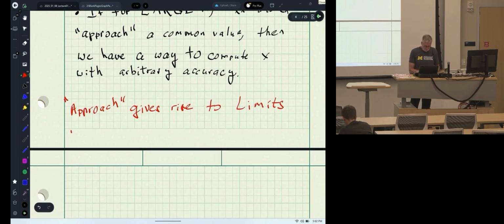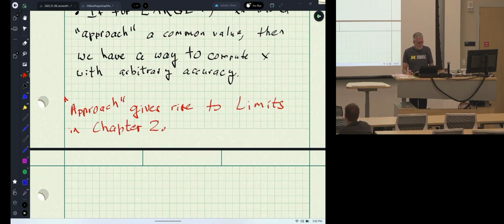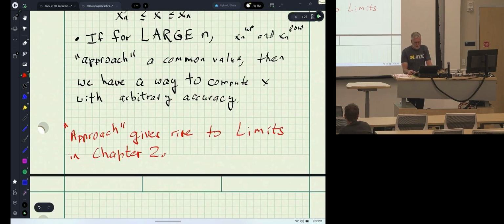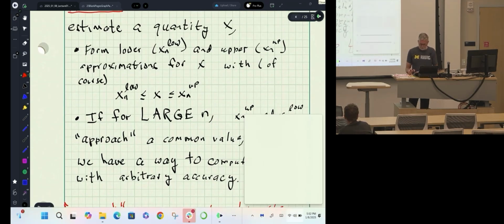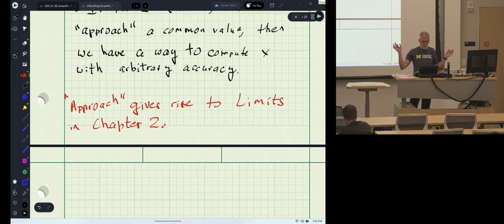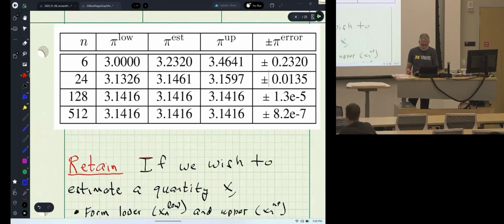In chapter 2, but that's how we'll go about defining area under arbitrary curves. It's a pretty powerful method. Okay? And what do I mean by approach?